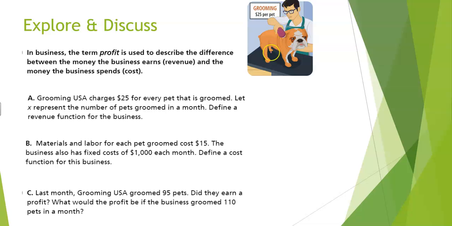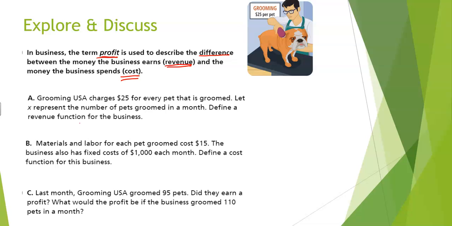He's charging $25 for every pet that comes in. And the profit is the difference between revenue, the amount the company earns, and the amount the company spends, because they have to pay for things, right? You have to pay for your tools, your equipment, your people.